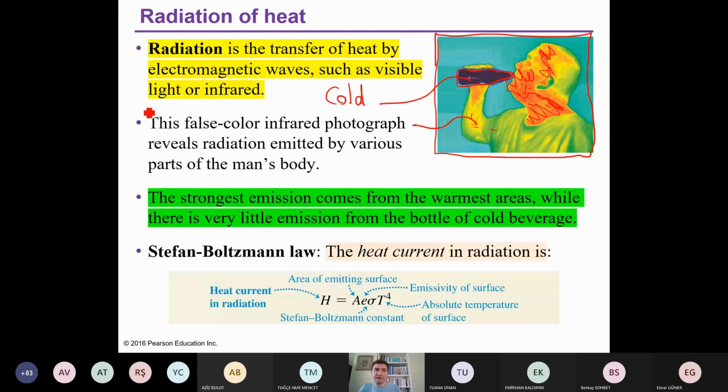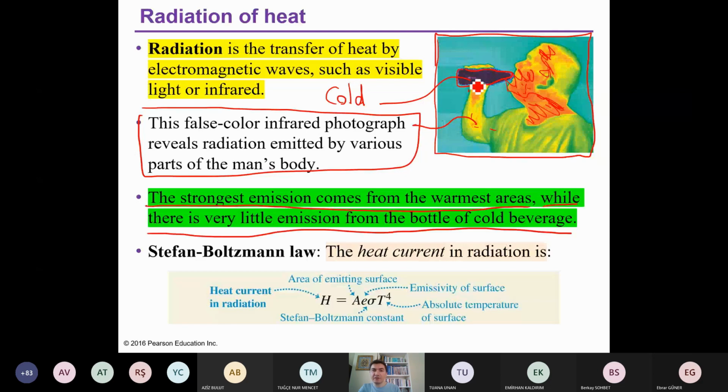So then the infrared photograph reveals radiation emitted by various parts of the human body. And the strongest emission comes from the warmest areas, while there is very little emission from the bottle of cold beverage. So then what about the heat current?